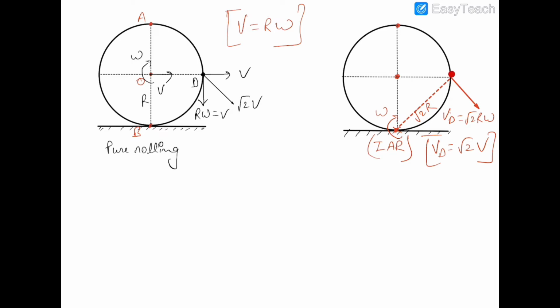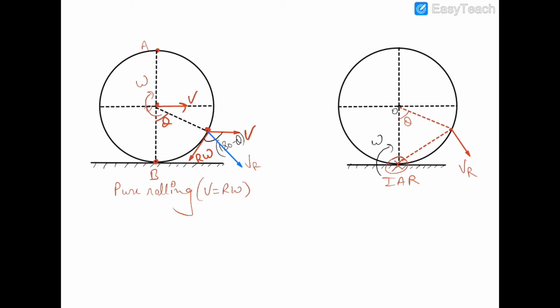Now we join this point D with the instantaneous center, and this is called the radius of point D. So D is rotating in a circle of radius root 2r, and therefore the velocity of point D would be R omega, where its radius is root 2r, so Vd will be equal to root 2r omega. So R omega is equal to V, and therefore Vd is equal to root 2V. So you can see that the result is the same.